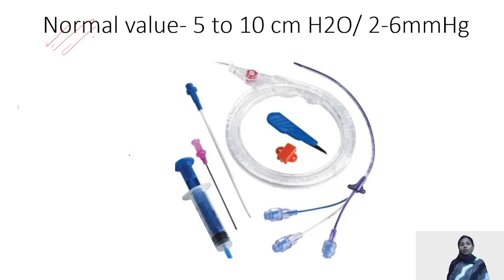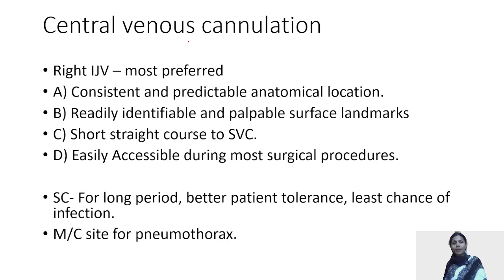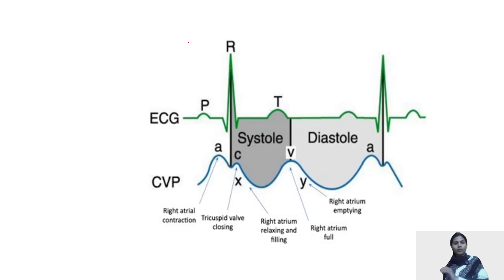And this is the pictorial representation of your central vein. The normal central venous pressure is 5 to 10 centimeter water, or if you convert it into mm Hg, it is 2 to 6 mm Hg. This is the representation of your CVP trace.